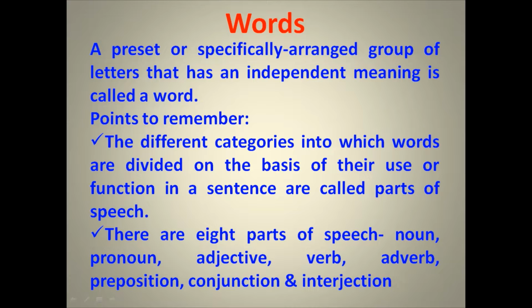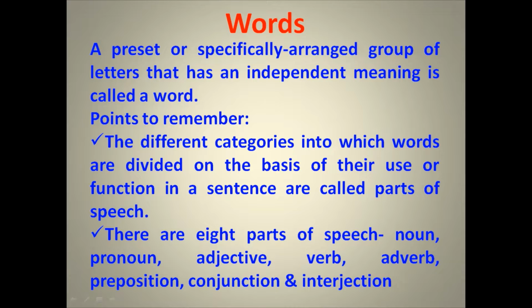What are words? What is a word? A word is a preset or a specifically arranged group of letters that has an independent meaning. Like BOY. It is arranged specifically. It has a specific, independent meaning, you know very well, boy.